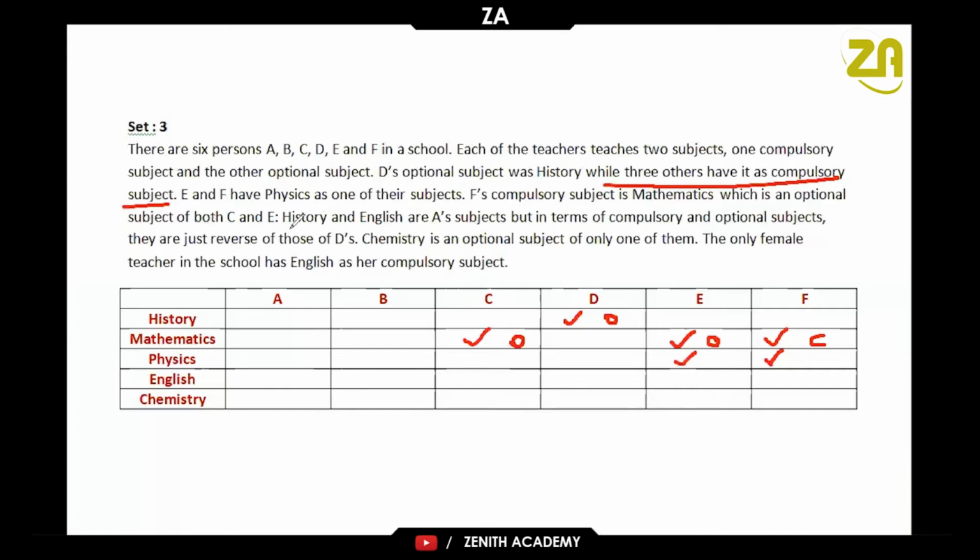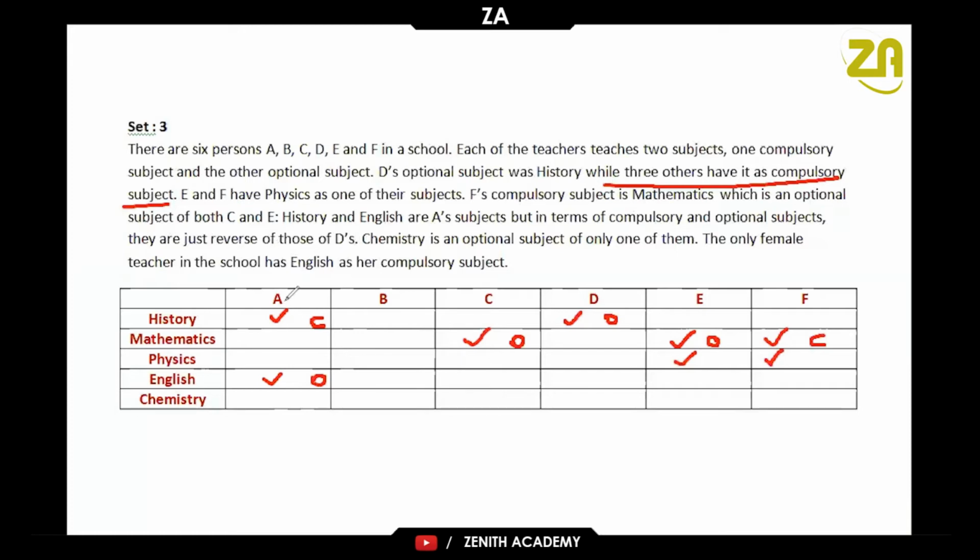Now, history and English are eighth subject, but in terms of compulsory and optional, they are just the reverse of those of D's.